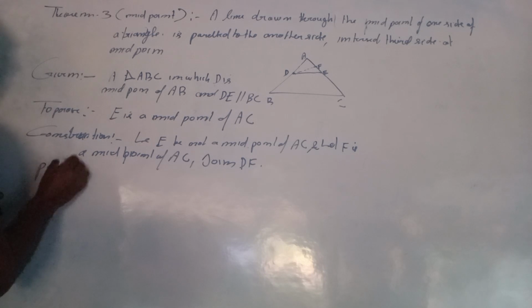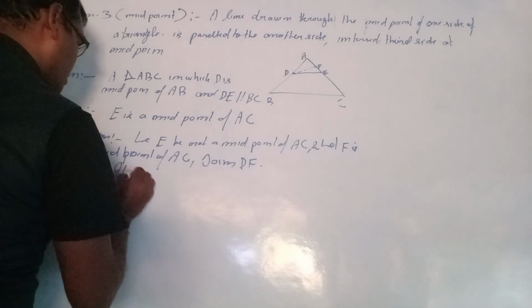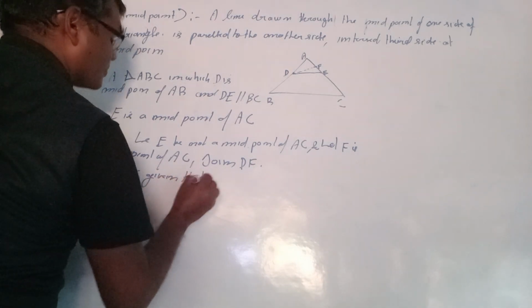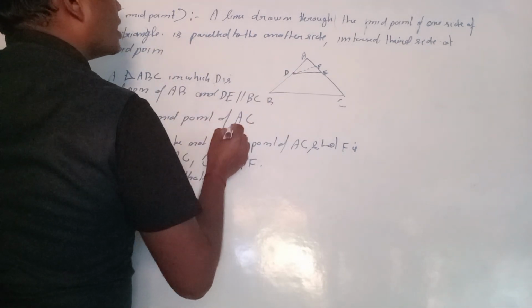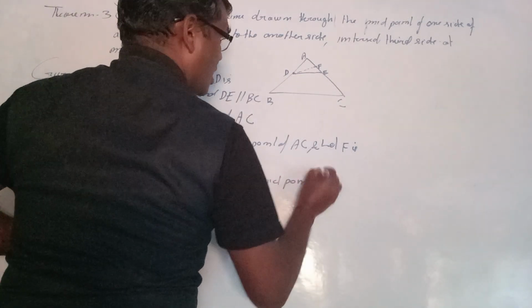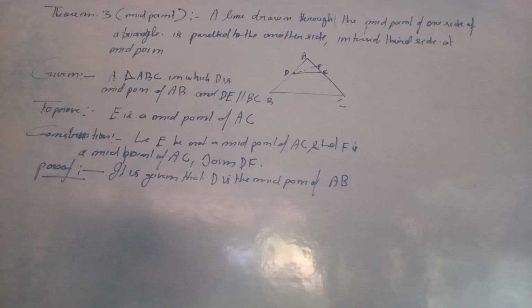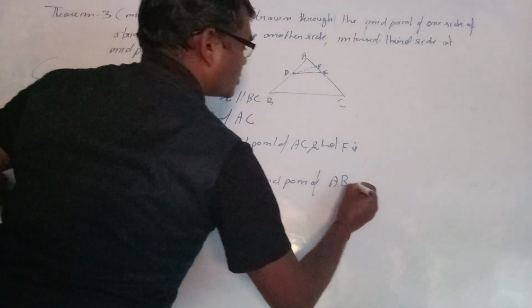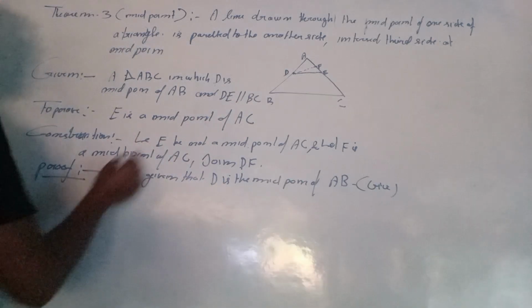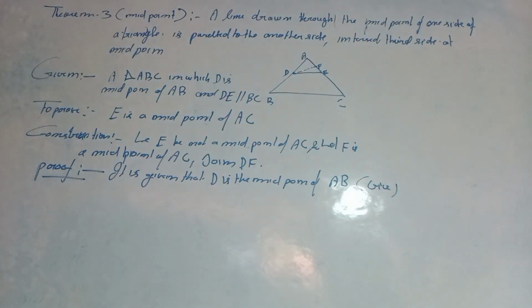So now the proof. It is given that D is the midpoint of AB.